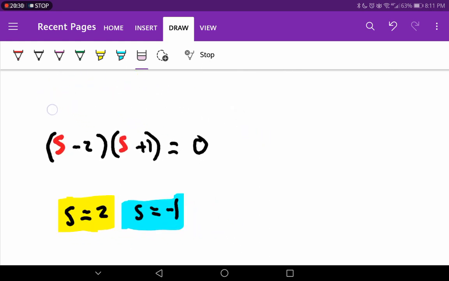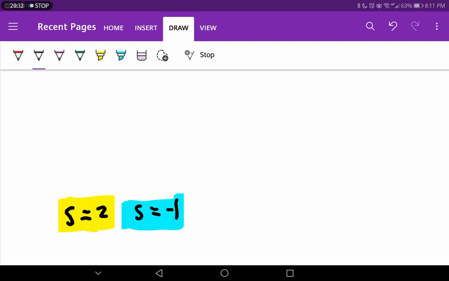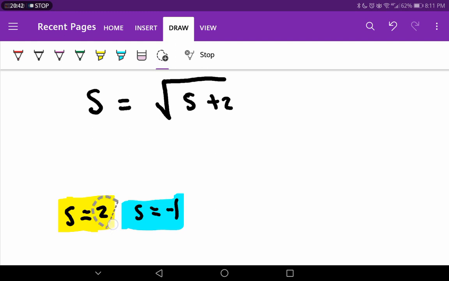Okay, let me rewrite the question. The question was s equals radical of s plus 2. I will try first the 2 here. Okay, sorry, I will replace the s with the 2. I will remove the s and put the 2 here and check. 2 plus 2 gives me 4.